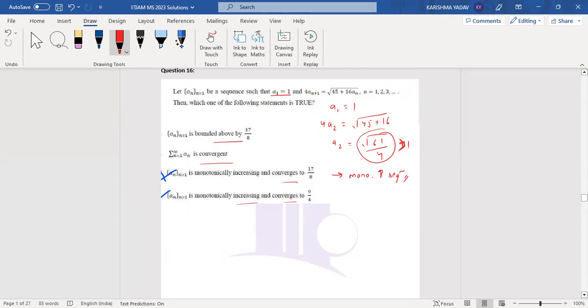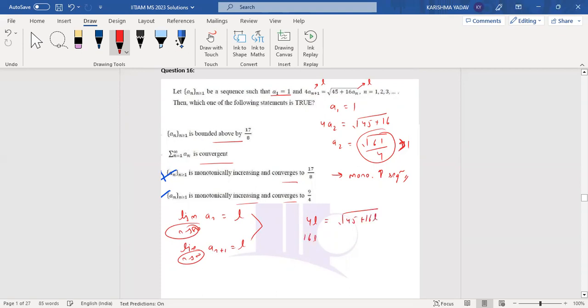Now, to find the value to which it converges, we know that the limit as n tends to infinity of an converges to L, and the limit of an plus 1 also converges to the same limit L. Applying this, 4L is equal to root of 45 plus 16L.